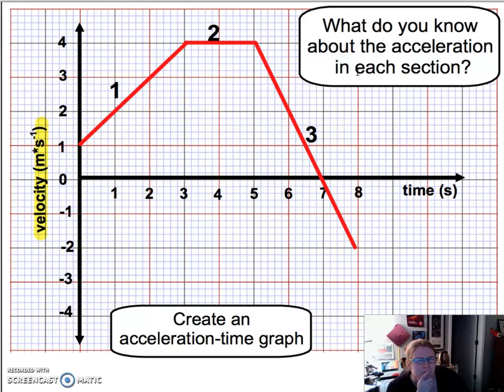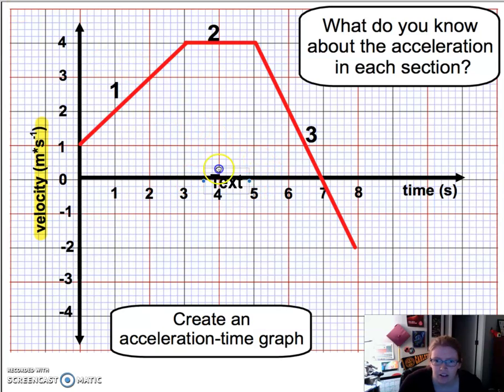Well, if acceleration is change in velocity over time, it's the rate that velocity is changing, I could look at the change in the velocity right here and then look at how much time that has happened over. It looks like 3 seconds.